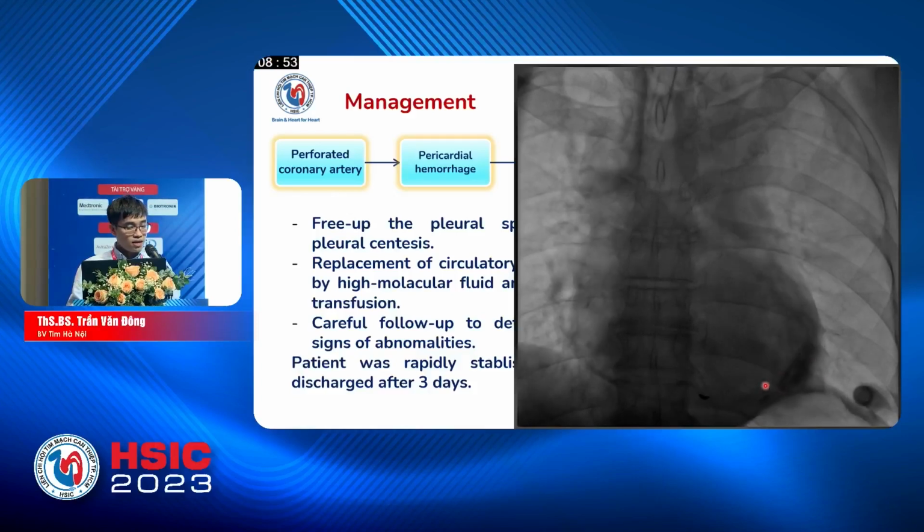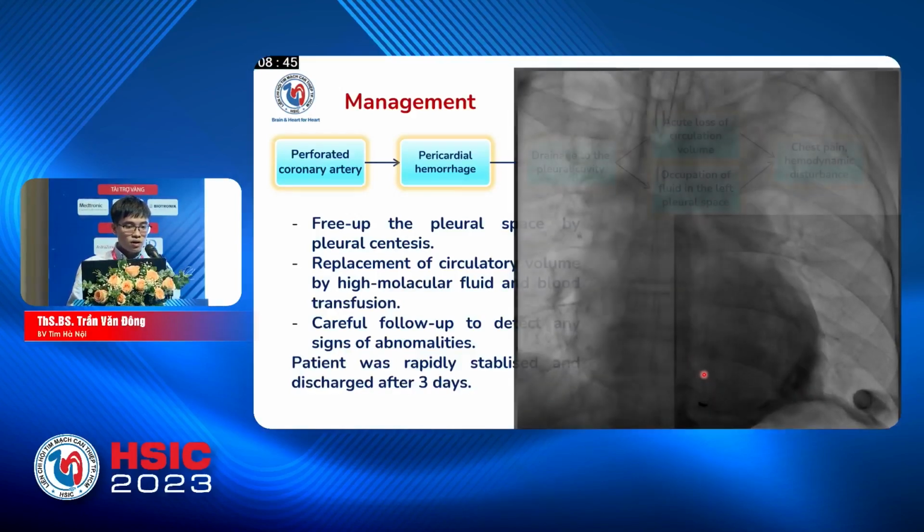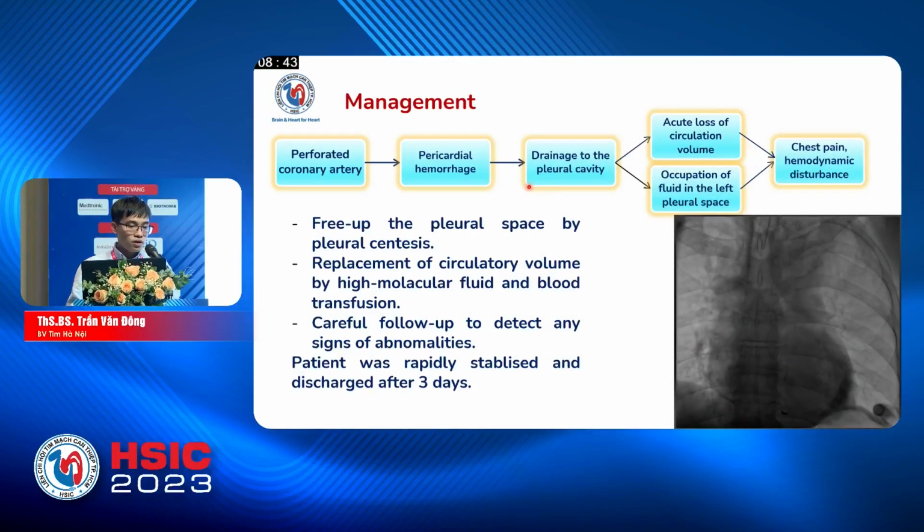We think that there must be some connection between the pericardial and pleural space that can drain all the bloody fluid from the pericardial to the pleural cavity, causing acute loss of circulating volume and also occupation of fluid in the left pleural space, and all of this caused symptoms in the patient such as chest pain and hemodynamic disturbance.